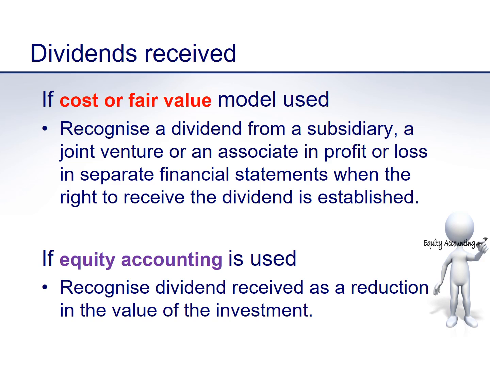In separate financial statements, if the cost or fair value model is used, dividend income would be recognized in profit or loss as and when the investor receives the right to receive the dividend. If equity accounting is used, then the dividend is a reduction of the value of the investment because the profit or loss has already been included in the equity accounting.